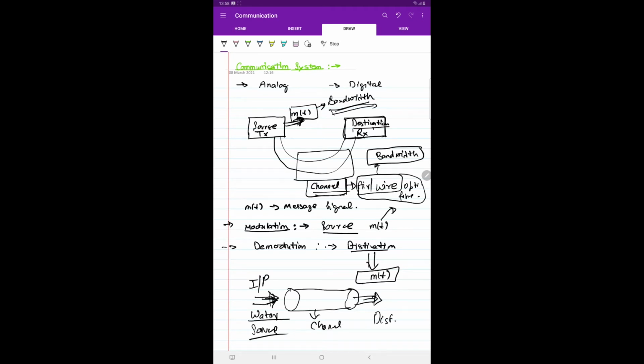So water is coming in from this end and coming out from this end, and this is the channel. We can send a small amount of water like this, but we cannot transmit this large amount of water through this small channel. So in this way you can correlate the message signal and channel bandwidth.